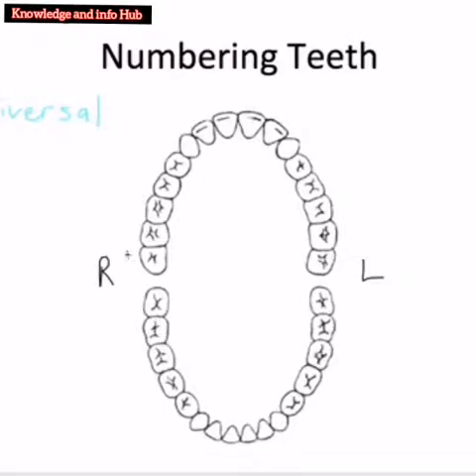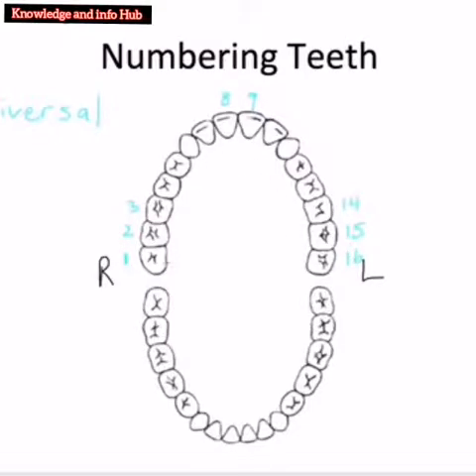So we're going to start here, and this first tooth will be number 1, followed by number 2, 3, and so on. Once we get to this central incisor, these are 8 and 9, and then I'll skip to here. We have 14, 15, and 16.